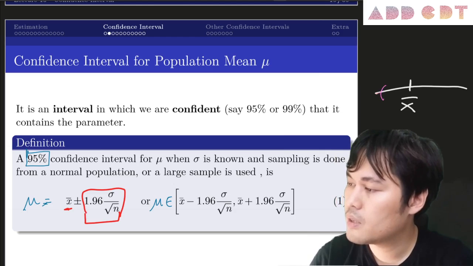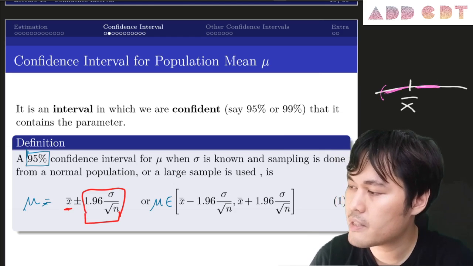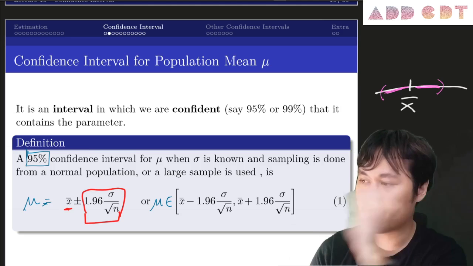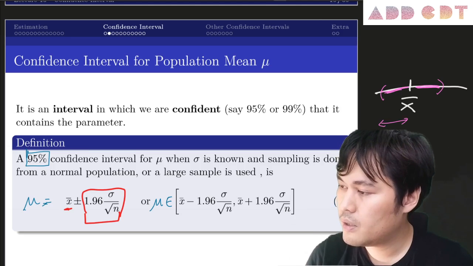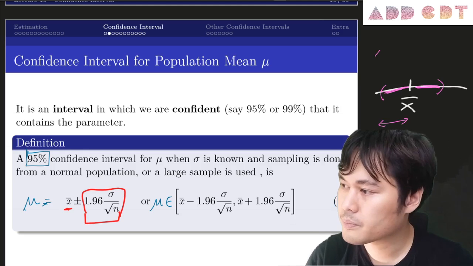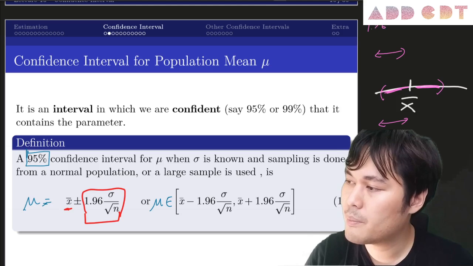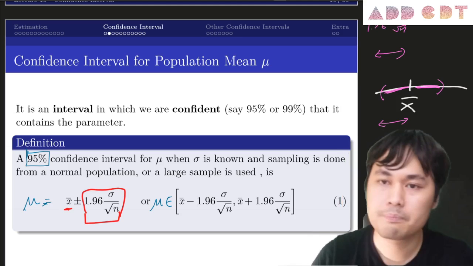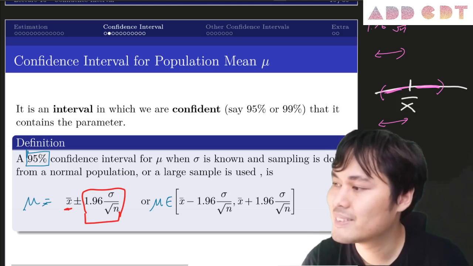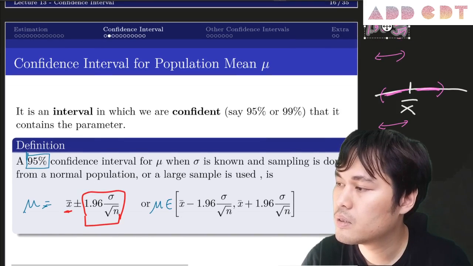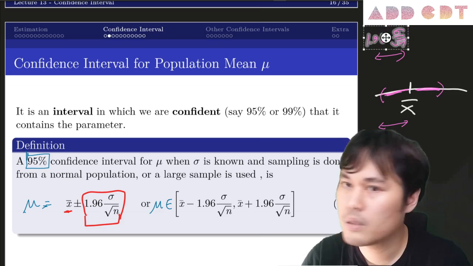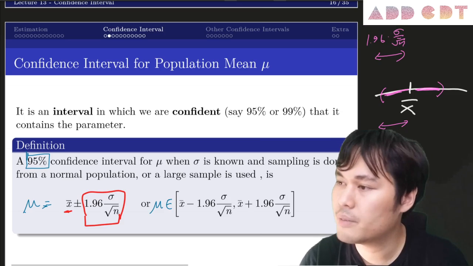That's going to be this and that, because it's plus or minus. This thing here is 1.96 times sigma over square root of n.